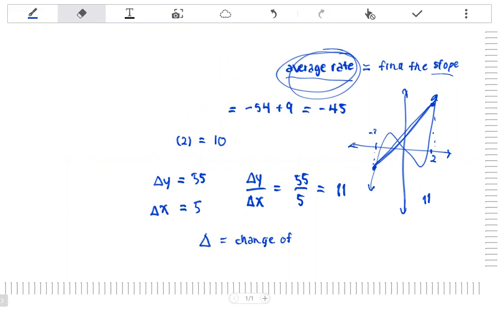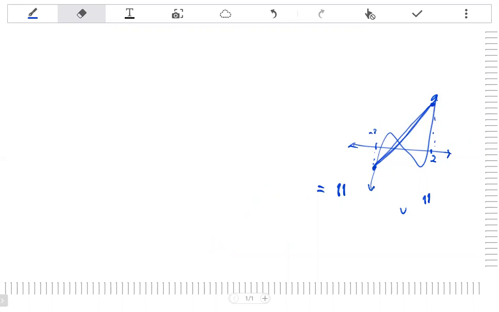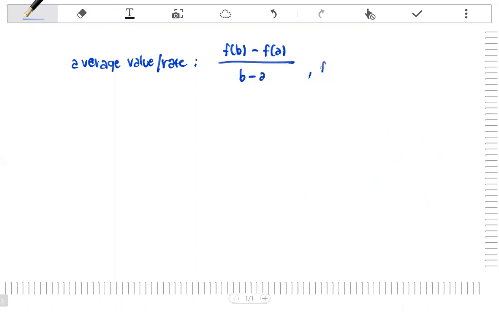Delta y and delta x, that is your normal equation, but the actual equation that you'll probably see for average value or average rate is going to be f of b minus f of a over b minus a for some interval a, b.